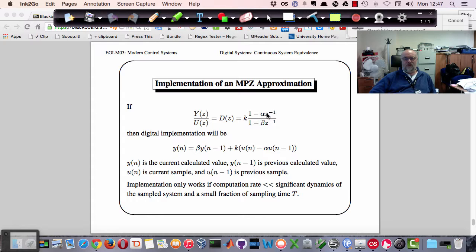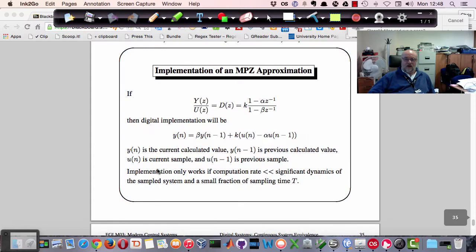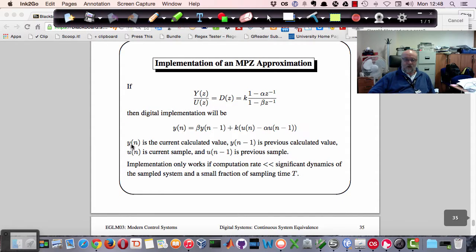So this is the transfer function. This is how it would expand. y of n equals b y of n minus 1 plus k u of n plus alpha u of n minus 1, and these values are essentially past value of output, past value of input, current value of input, current value of output. And so we get y of n computed based on the previous value plus the current value of input and the past value of input.